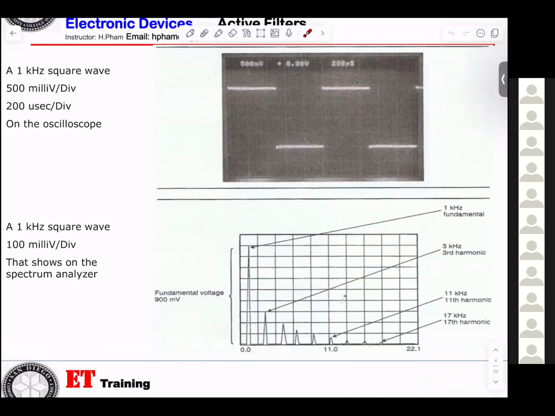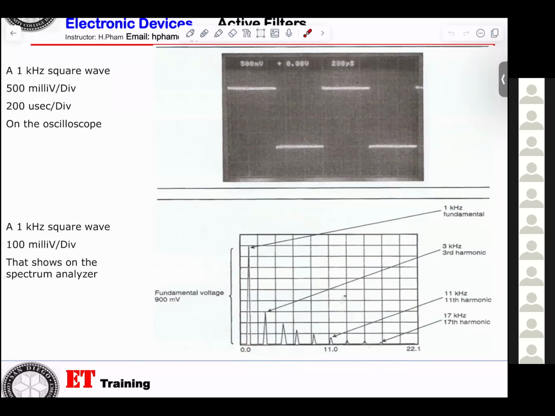This is the same thing. 1 kilohertz square wave, 500 millivolt per division, 200 microsecond per division. That means the time domain. And also the same signal will be displayed in the spectrum analyzer.